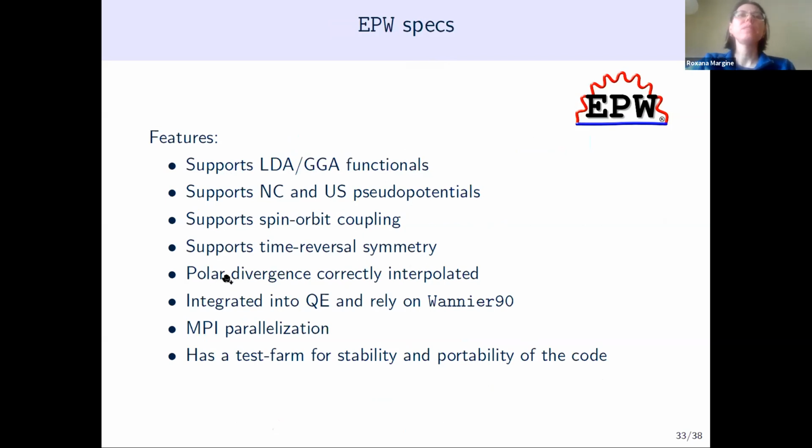And as we saw, I'm repeating again, polar divergence is correctly interpolated. And just to remind you that EPW is integrated into the Quantum Espresso code and relies on the Wannier90 package. It is MPI parallelized, and we have a test farm for stability and portability of the code.